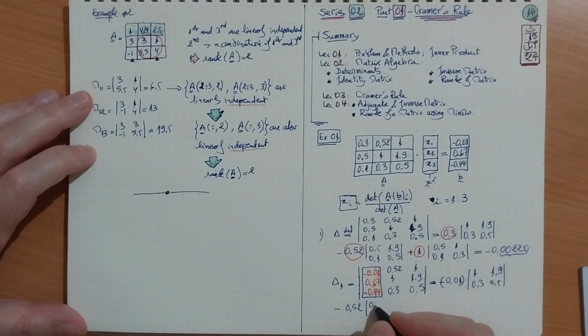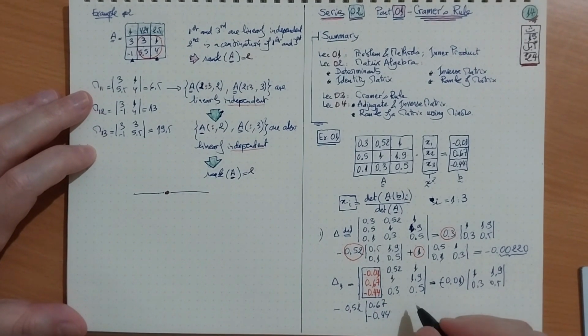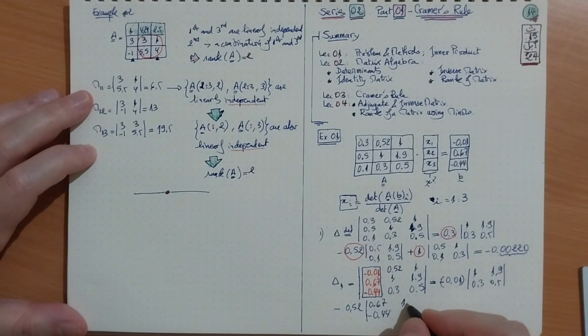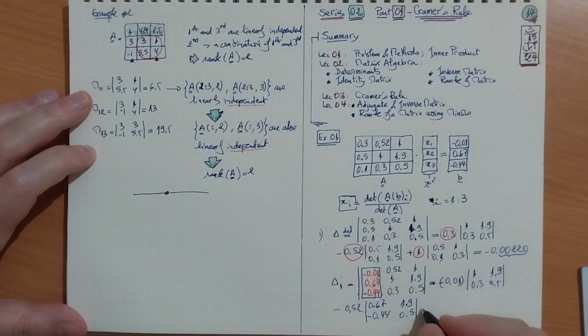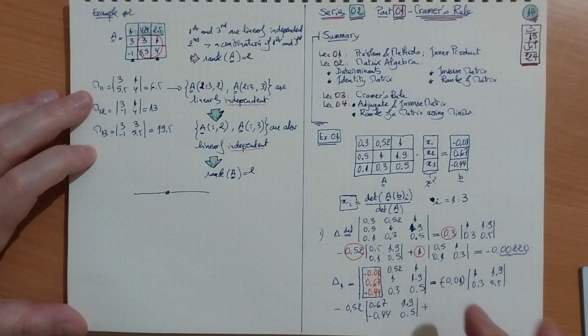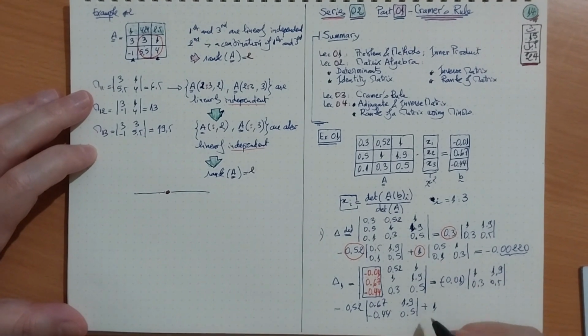So we have here 0.67, 0.44 and 1.9, 0.5. And then plus, sign minus, plus, then minus, then plus. It alternates. And the element is 1.